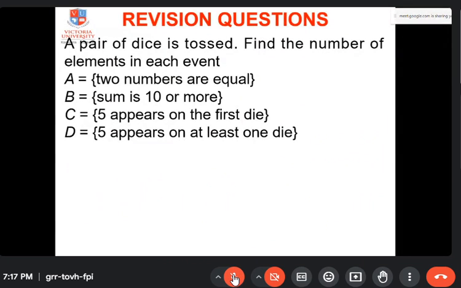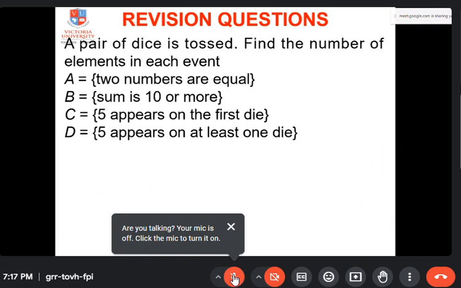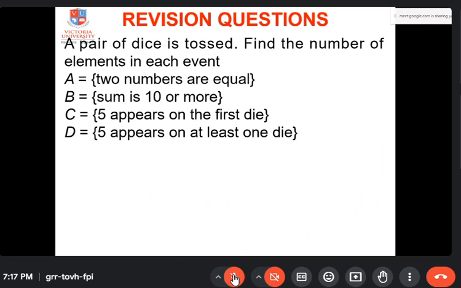You are tossing a die 2 times. I think we have 5-1, 5-2, 5-3, 5-4, 5-5, then 5-6. I think that is it.